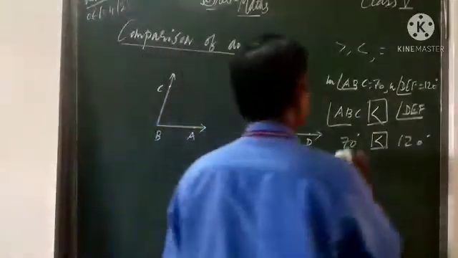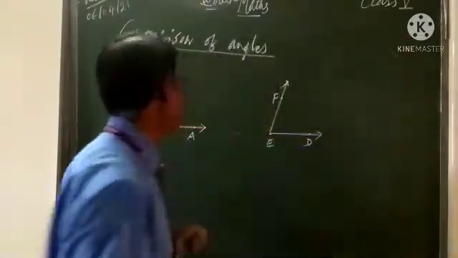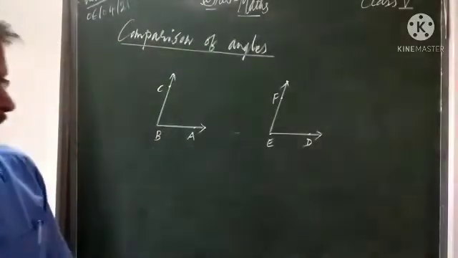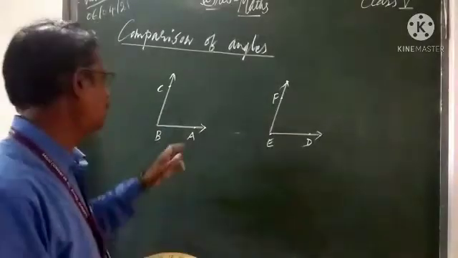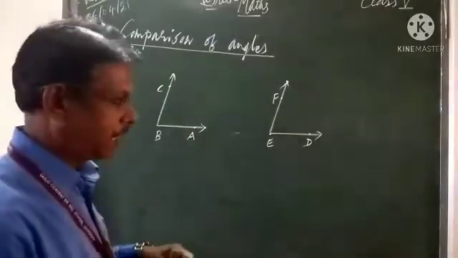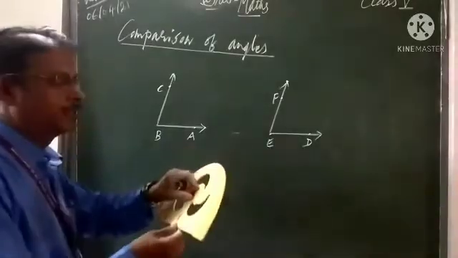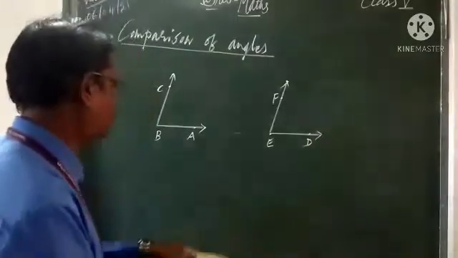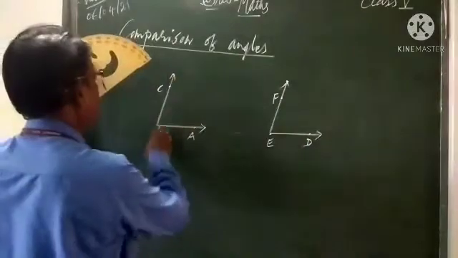If two angles are given, look at this diagram. At first it is not given how many degrees angle ABC is, but we can identify that its measure is less than 90 degrees. So angle ABC is an acute angle, but how many degrees exactly? To know the value of the given angle, take the protractor and place the center of the protractor on the vertex of angle ABC.